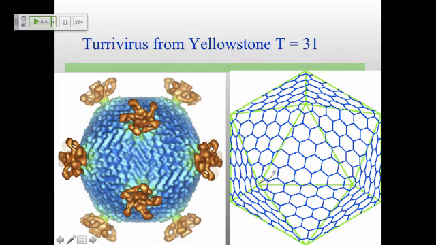So now we go 1, 2, 3, 4, 5 in one direction, and then change direction, we go 1. So that's 5 squared plus 5 times 1 plus 1 squared, which is a T equals 31 particle. So this, interestingly enough, was actually the very first T equals 31 icosahedrally symmetric virus ever to be found. So I was quite proud of that.